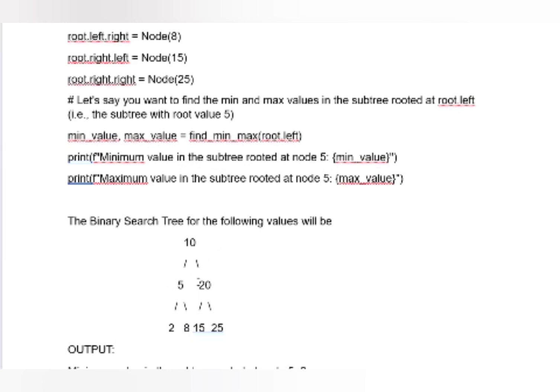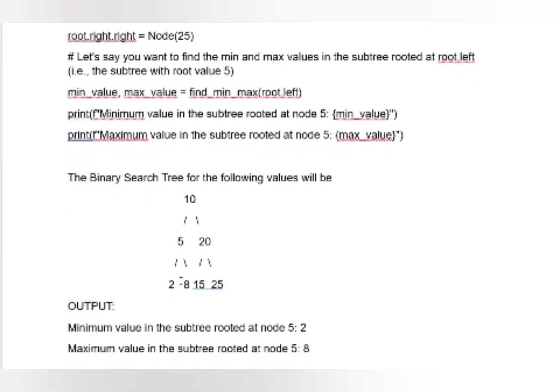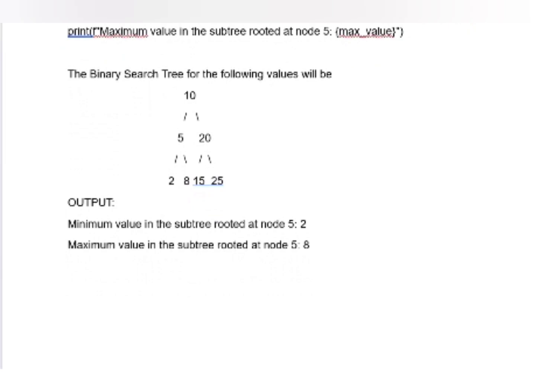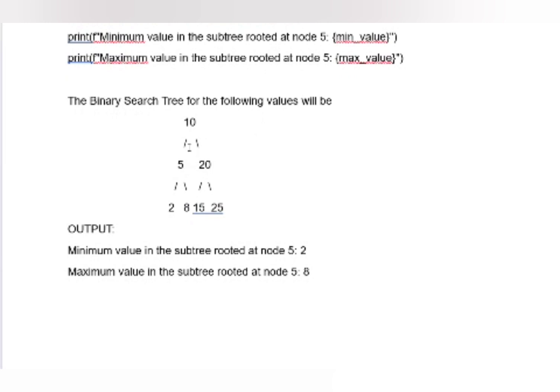The minimum value and the maximum value for this tree will be printed. So here we have taken node 5, right? The minimum value in the subtree rooted at node 5 is 2 and the maximum value of the subtree rooted at node 5 is 8.